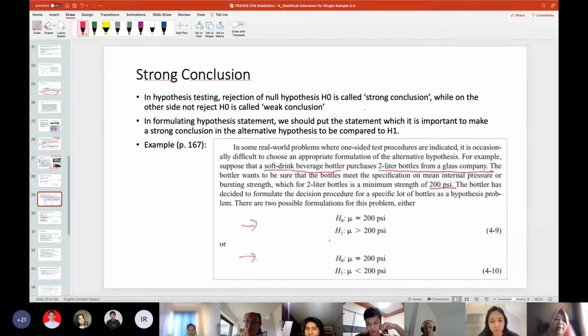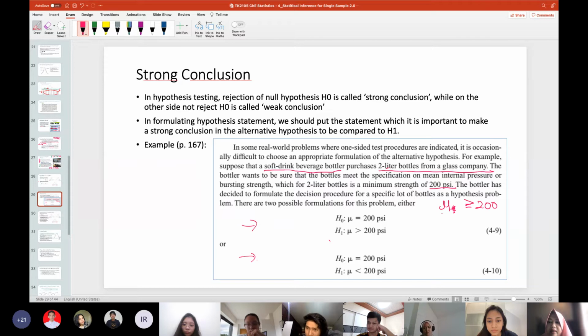Okay, so again, go back here and look at the statement one by one. For this case, what is the real statement in this one? The claim should be that the minimum strength should be more than 200.